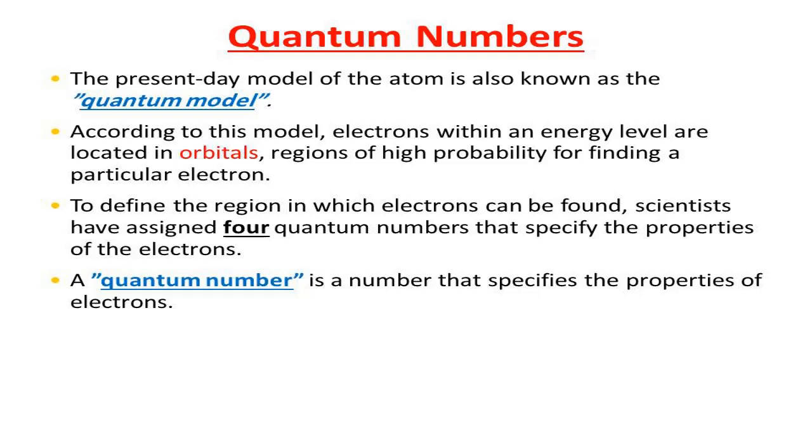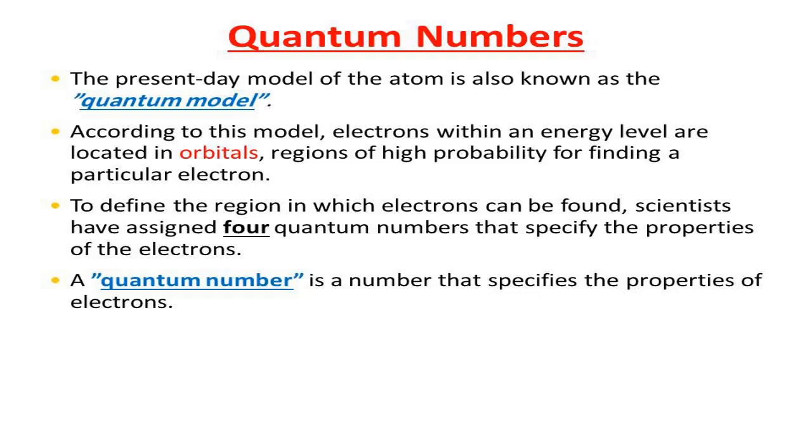Let me tell you first how these quantum numbers define the probable location of an electron. And instead of saying the probable location of electrons, we can give it a name. We call it orbital. We call it what? Orbitals.